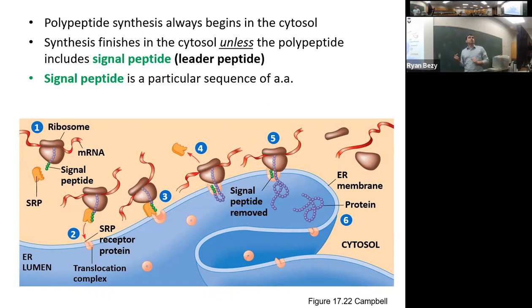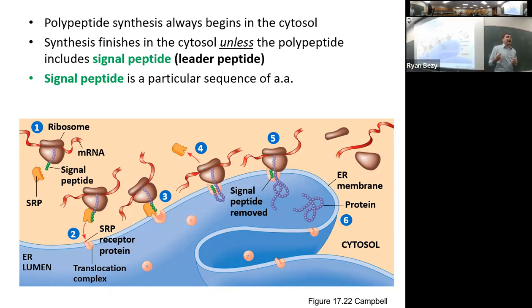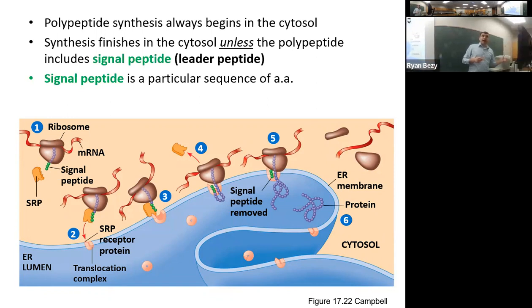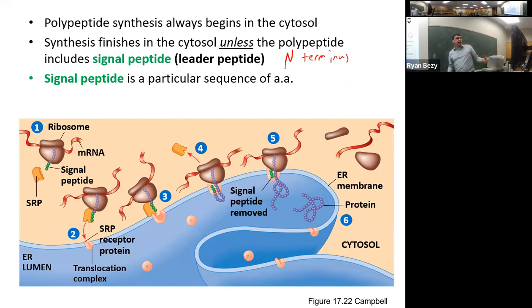Synthesis will finish in the cytosol unless the polypeptide, the protein being made, has something called a signal peptide or a leader peptide at the N terminus of the protein, the beginning of the protein. The signal peptide is a very particular sequence of amino acids at the beginning of the protein.